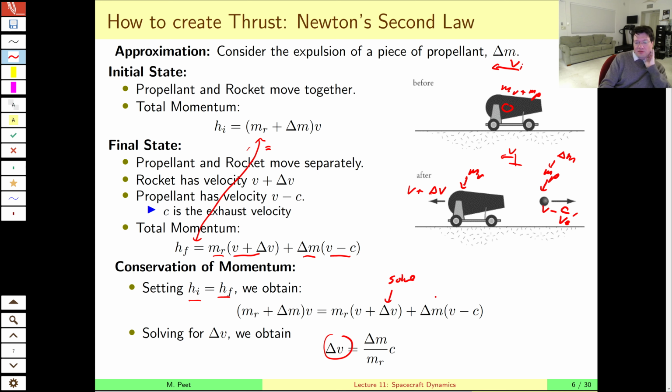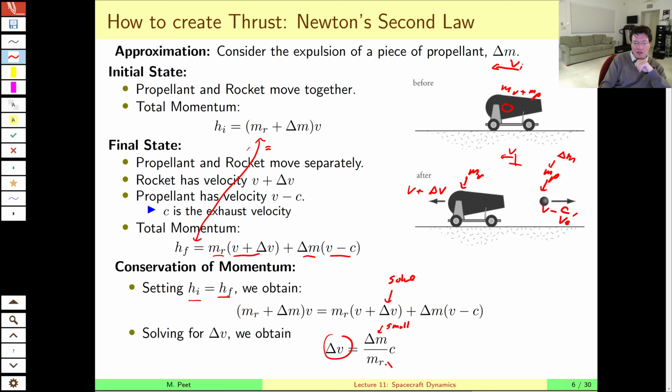So what does this tell us? It tells us that the delta V for a single particle of propellant can be small, infinitesimally small, of course, if we're spitting out lots of tiny particles of propellant. So the infinitesimal delta V corresponding to an infinitesimal particle of propellant is the mass of that particle, times c, the exhaust velocity, divided by the mass of the rocket.